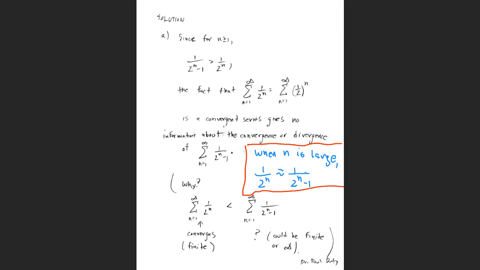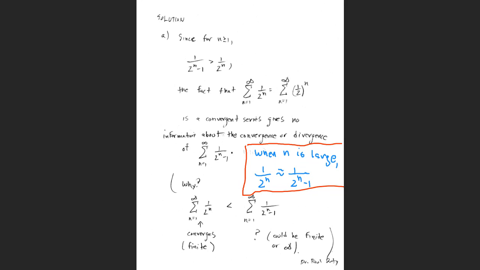So for both of these series, if we look well into the series at terms for large n, the terms are going to be almost the same. So the eventual behavior of our series should be like the behavior of the convergent geometric series. Intuitively, that should make sense.